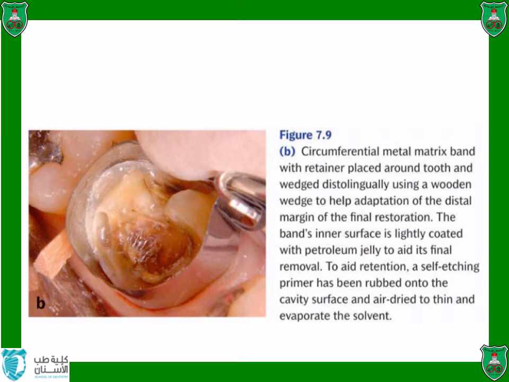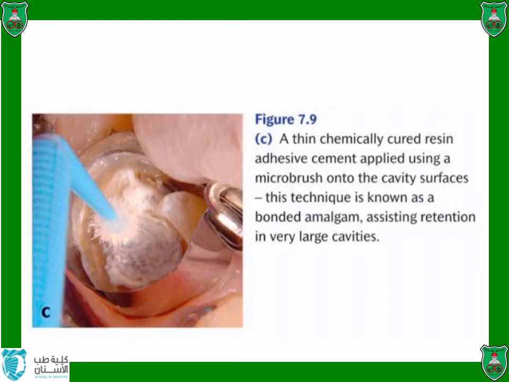Now you can either use total etch of the tooth structure, or you can use self-etching primer. It depends also on whatever you have in the clinic. After you apply your etching, you will wash the surface and dry the tooth structure. Then you will place your bonding agent.